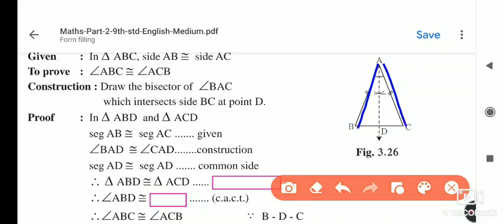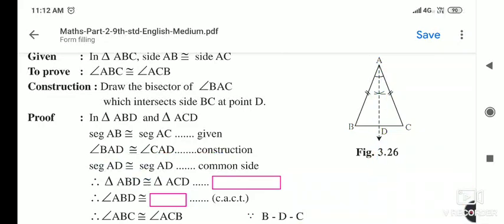Secondly, angle BAD and angle CAD are congruent to each other according to the construction that we had done. And AD is congruent to AD, because it is a common side between both the triangles.